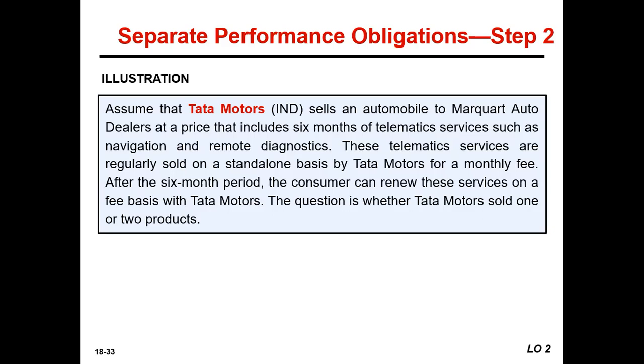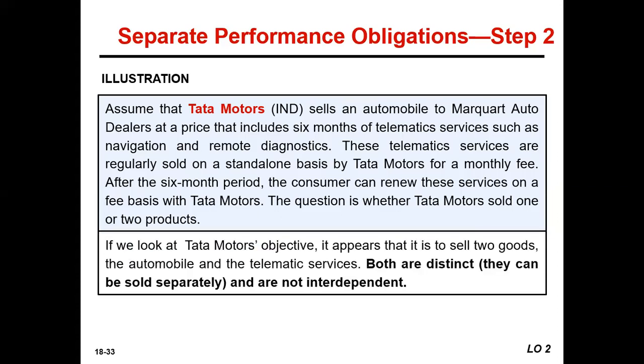The question is whether Tata Motors sold 1 or 2 products. If you look at Tata Motors' objectives, it appears that it is selling 2 goods, the automobile and telematic services. Both are distinct, they can be sold separately, and are not interdependent.